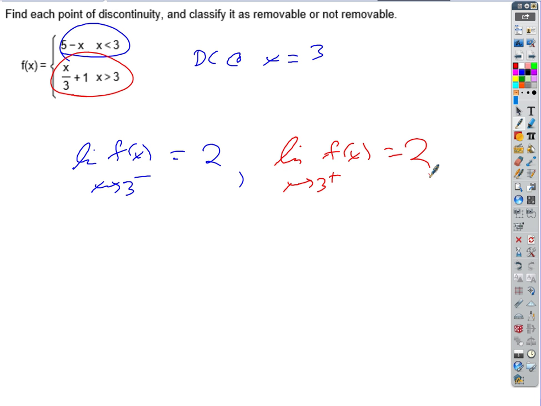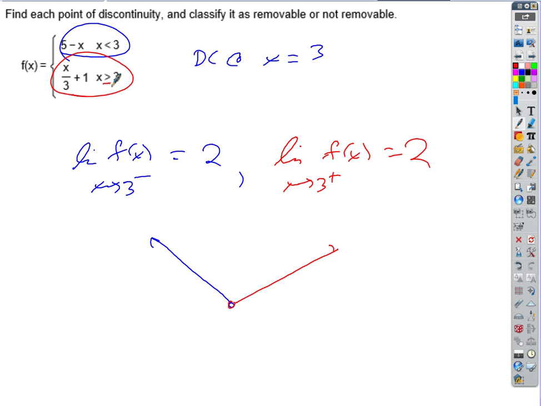If we were to graph it, it's going to look something like this. I think I did it backwards. I did. It looks something like this, right? They meet up, but the function's just not defined at 3. What if we did something like this?